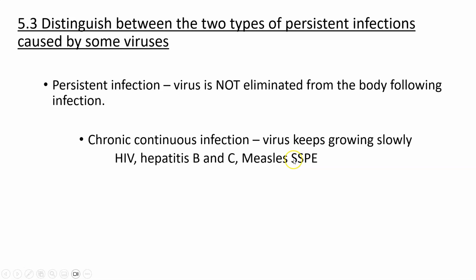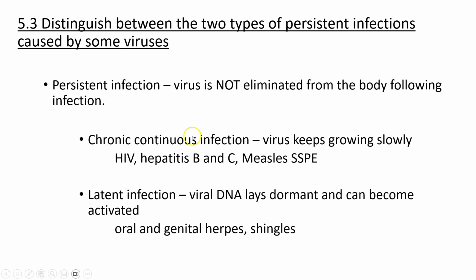It is this subacute sclerosing panencephalitis. Is that what it was? It ends up affecting the brain. And so in a small percentage of measles patients, patients get this chronic infection in the brain, and that can be deadly. So there are these chronic continuous infections that some viruses are able to do.